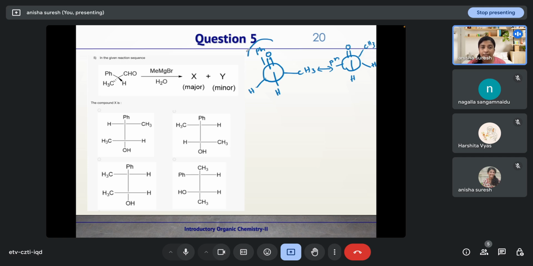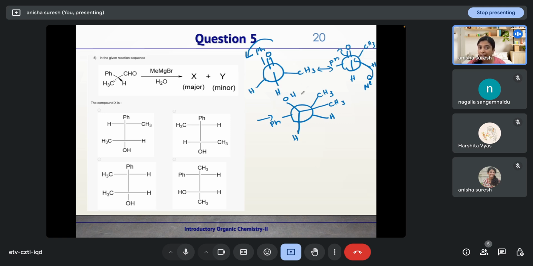So we are rotating it in this fashion. Now the methyl group will be coming and attacking from this side and we will get pH, CH3, H, CH3, OH, H.